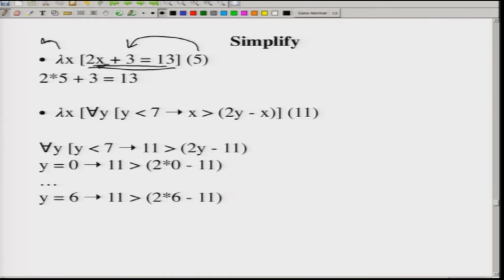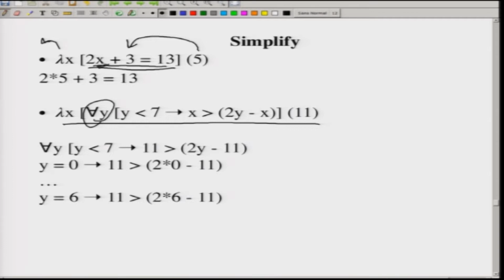Another one, slightly more abstract, slightly more complex, but we can see this. This has a quantified structure. This says lambda x, for all y, if y is less than 7, then x is greater than 2y minus x, and that takes 11 as an argument.